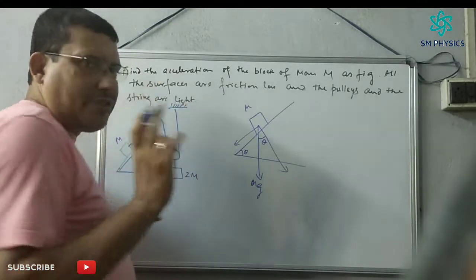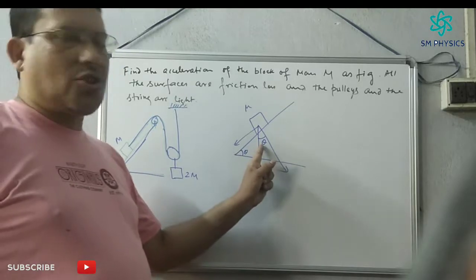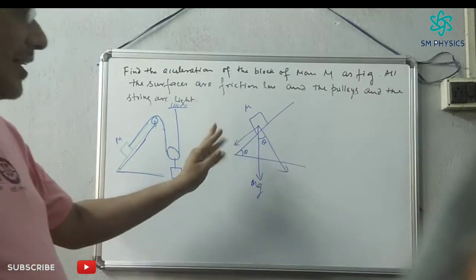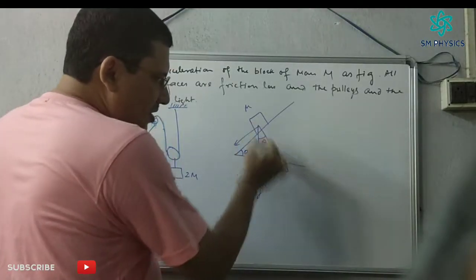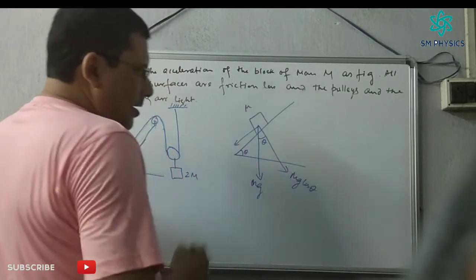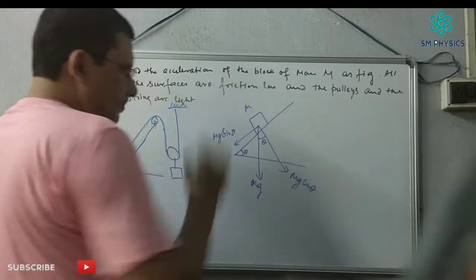Now one trick you have to remember: the theta attached component will be the cos component, and the one without theta is the sin component. So the theta attached component is this component, that is mg cos theta, and this one is mg sin theta. Clear?